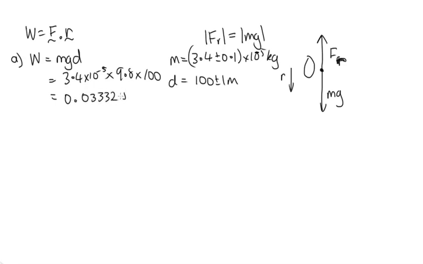0.03332 joules. Now let's consider the uncertainties before we give this to the right number of significant figures. From the lab, you know that the uncertainty in the work over the work, because it just comes from multiplying these quantities, which are completely independent, this measurement and this measurement will be made completely independently of each other, and there is no uncertainty in g.